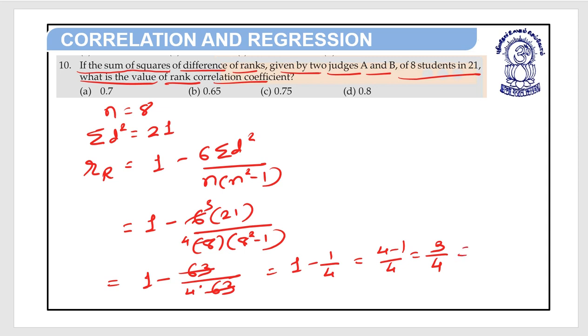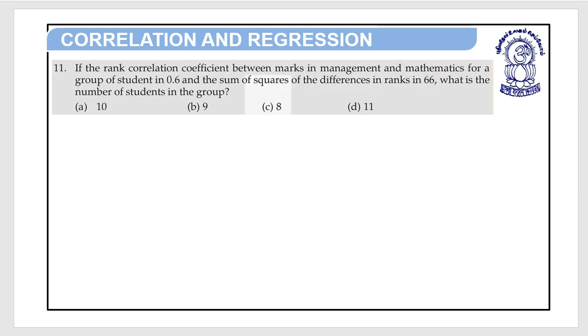So 3 by 4 is 0.75. So option C, 0.75, is the right answer.